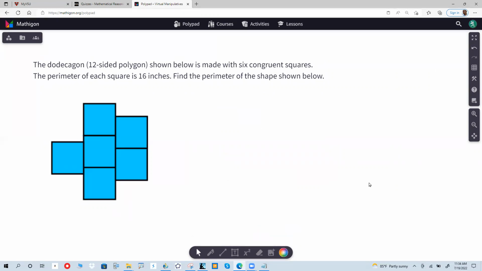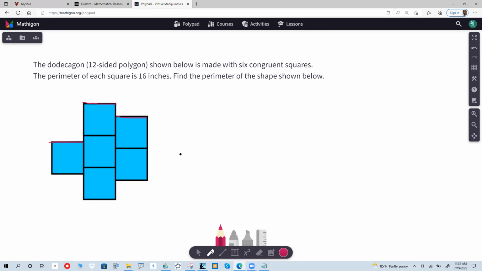The question says there are 6 congruent squares, 1, 2, 3, 4, 5, 6, sure. And the perimeter of each square is 16. Okay, if these blue shapes are squares and the perimeter of each square is 16, I can conclude that each side is 4. This is 4, this is 4, this is 4.